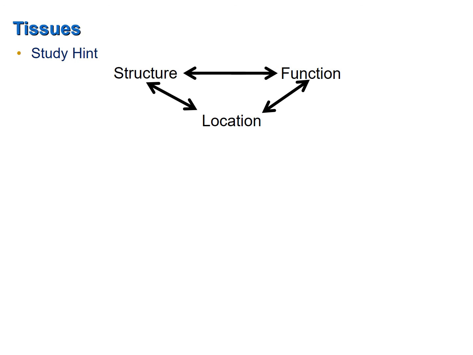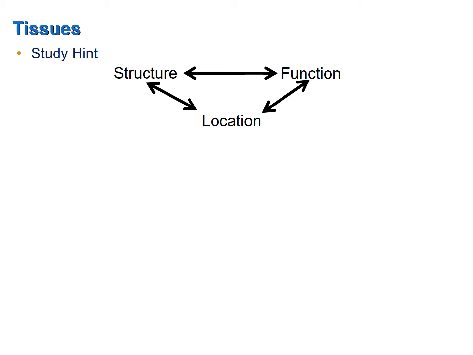Between the lab and lecture components of the course, you will be responsible for learning the structure, function, and location of each specific tissue. Rather than blindly memorizing facts, try to relate a tissue's structure to its function to its location, and then finally its location back to its structure.